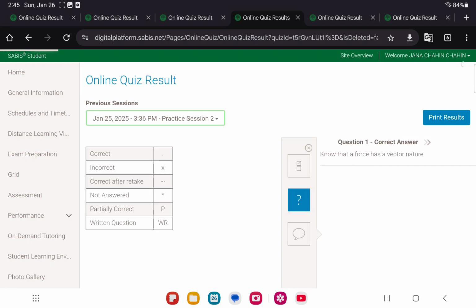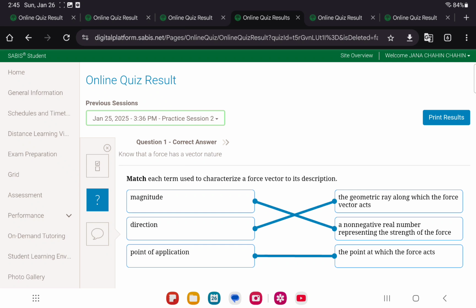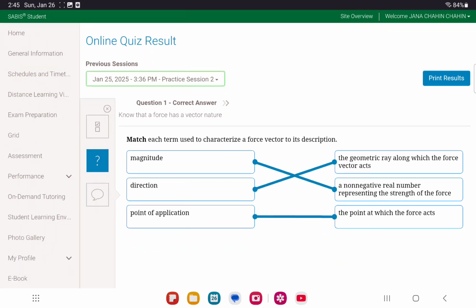This also has 3 questions. Okay, see? If you didn't memorize that the force only has a magnitude, direction, and point of application, this question will help you, because they're telling you these terms characterize a force. What did the other question ask? What terms characterize a force? So you use these 3.